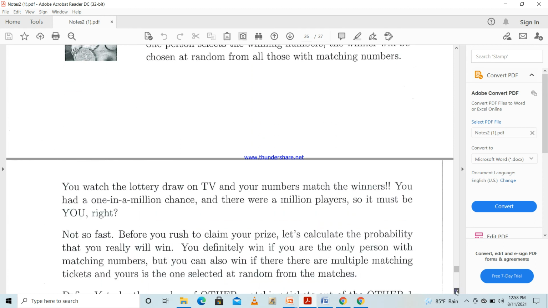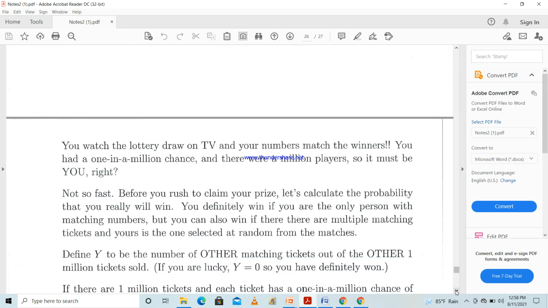Now let's say you have also bought a ticket, and you are one of the million players. We are interested in calculating the probability of you becoming the winner, given that your ticket matches all the winning numbers.